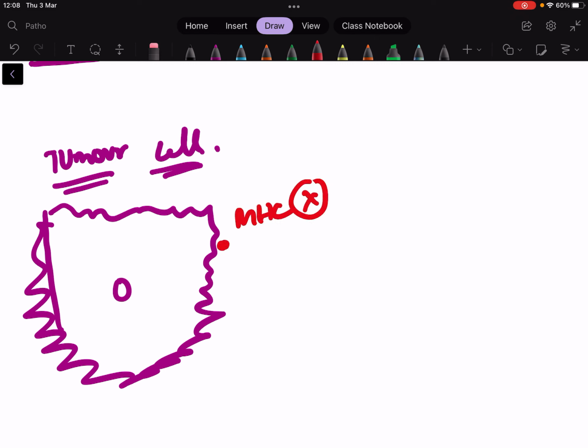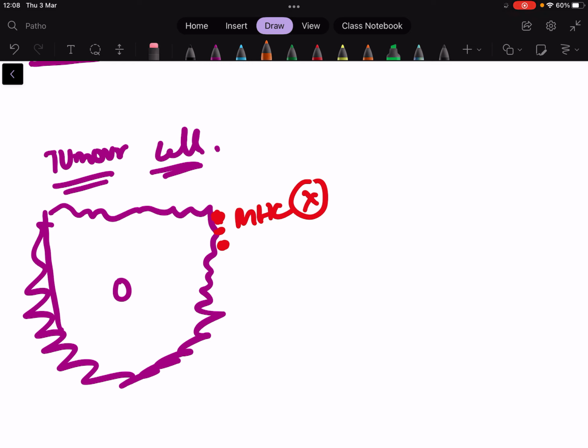Think like that, every MHC molecule present on a tumor cell is dead. So since there are no MHC molecules, there is no one to inhibit the natural killer cell, right?